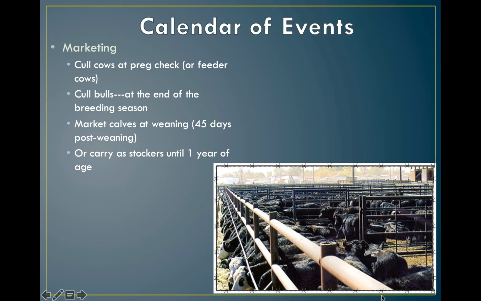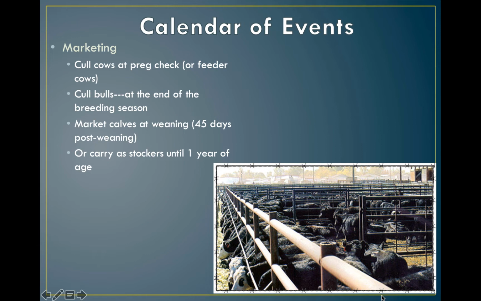As we think through the calendar of events, the other thing that needs to take place is when marketing will happen. Marketing has several aspects to it, and we're going to work through a marketing plan in a couple of weeks.